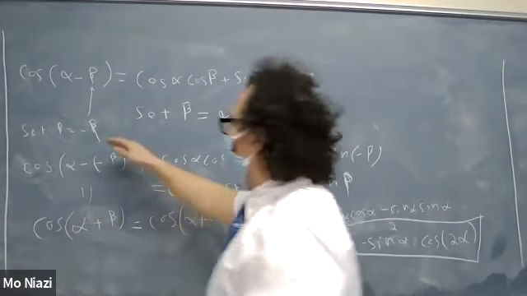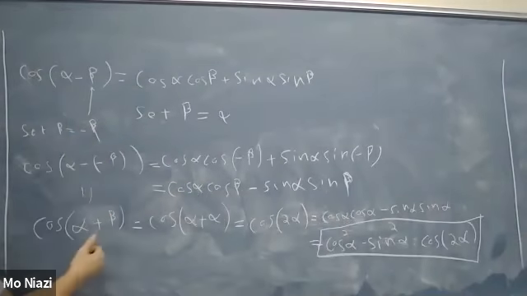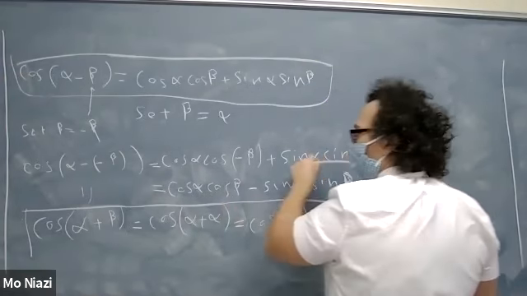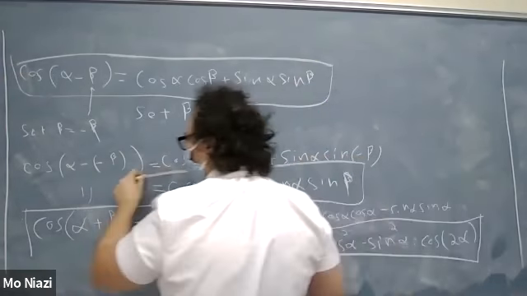So you guys, this is how mathematicians do it. But you could just use this as given. I'm just showing you that you don't have to memorize, really. That's what I'm showing you. That equation is cosine of alpha plus beta.